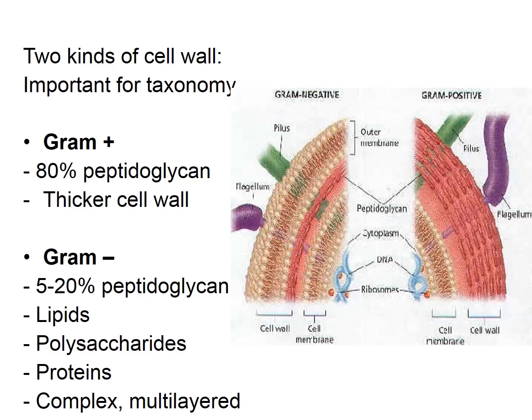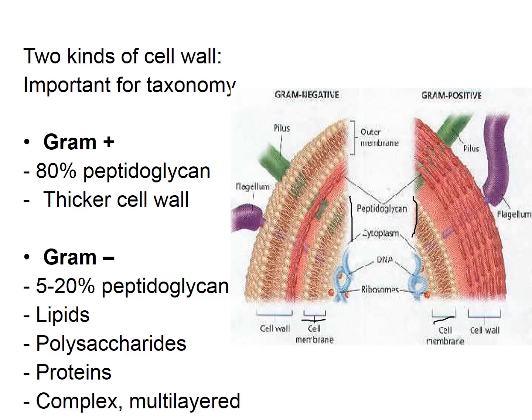We could see here, let's pinpoint some of it, the plasma membrane in this area for both gram-positive and gram-negative bacteria. This is the cellular membrane here and here.